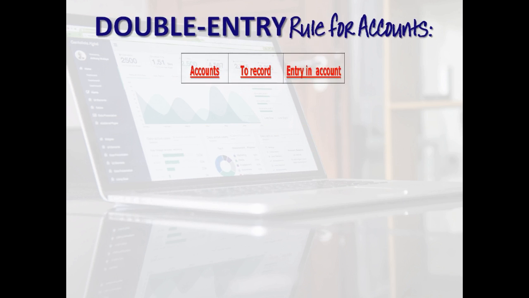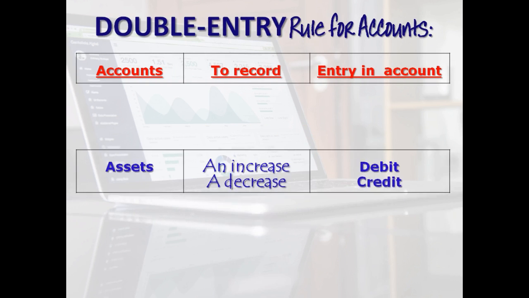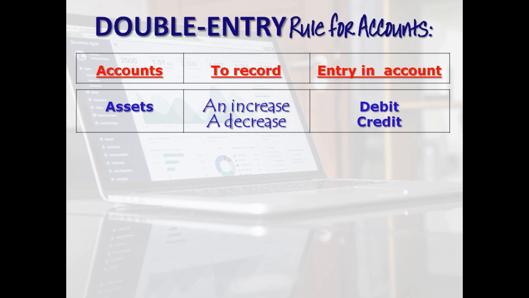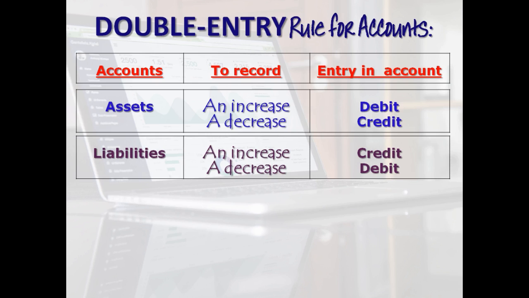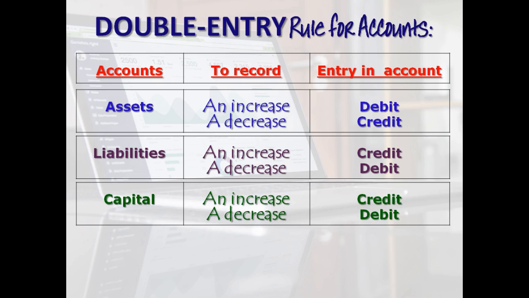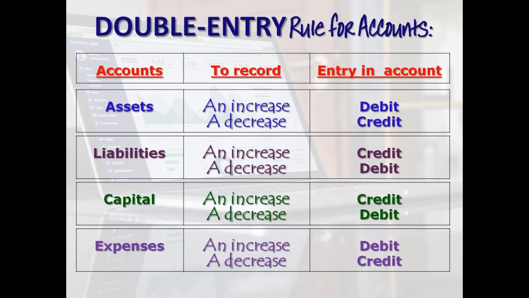Okay, we then looked at the double entry rule for accounts, and we said that when an asset increases we debit, when an asset decreases we credit, when a liability increases we credit, when a liability decreases we debit. And then we said with capital, when it increases we credit, when it decreases we debit. And with expenses, when an expense increases we debit, and when it decreases we credit.